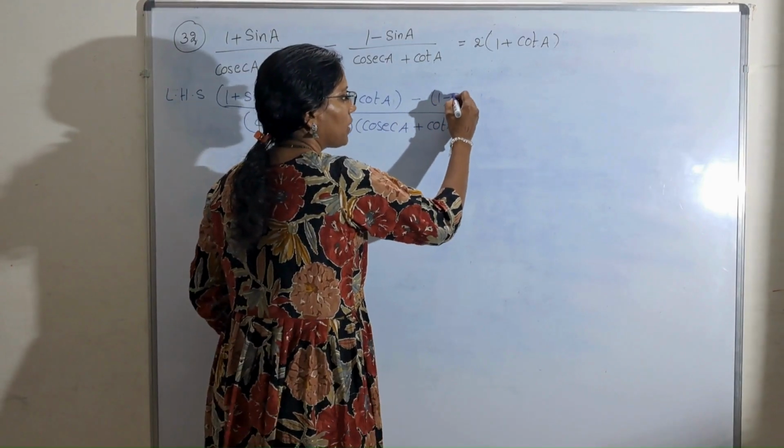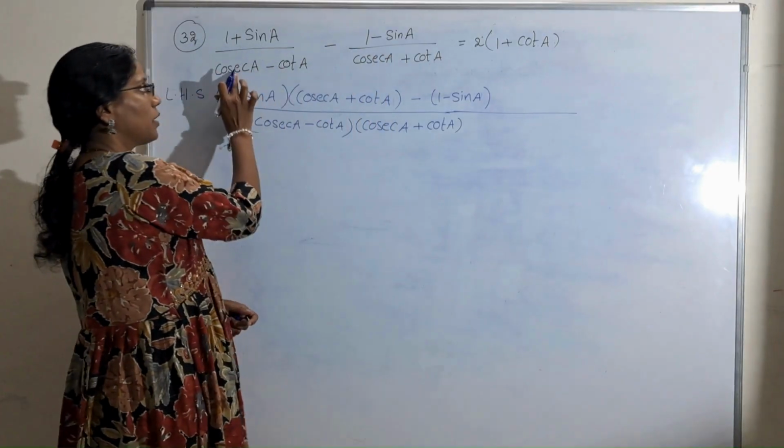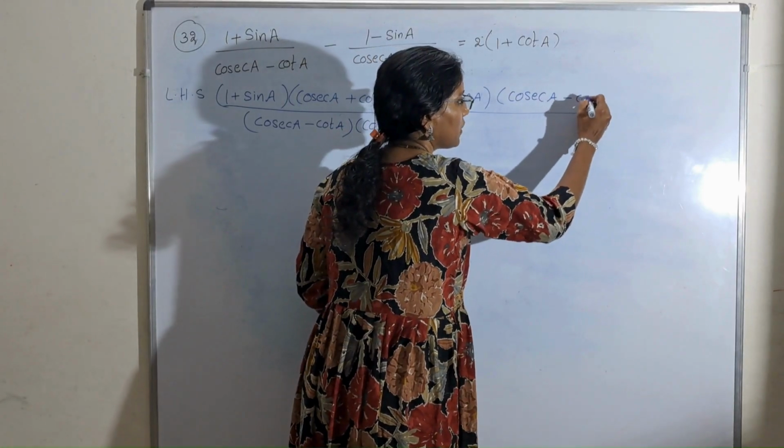Again, 1 minus sin A. Here cross multiplication, cosecant A minus cot A.